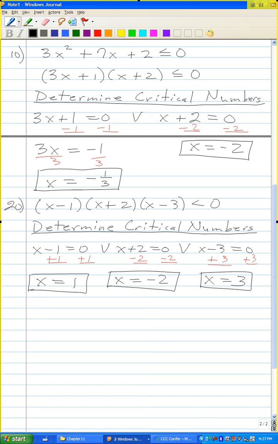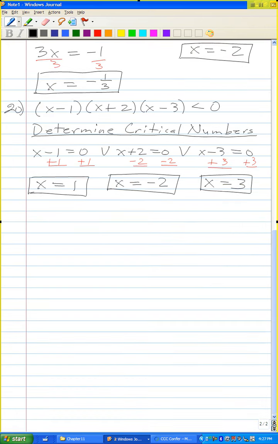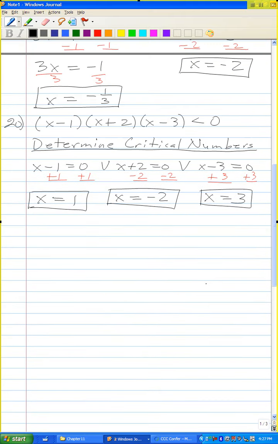Let me do problem number 22. x minus 3, x plus 5, greater than or equal to 0.